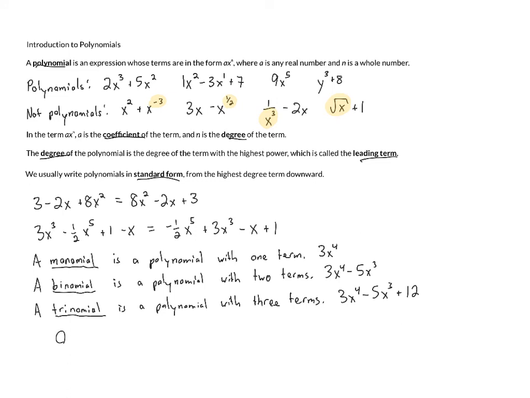And then one more, quadnomial is not a word. We stop labeling with trinomial. Because we deal with monomials, binomials, and trinomials so often, those three categories get special labels, but after that we stop labeling because we need to stop somewhere.